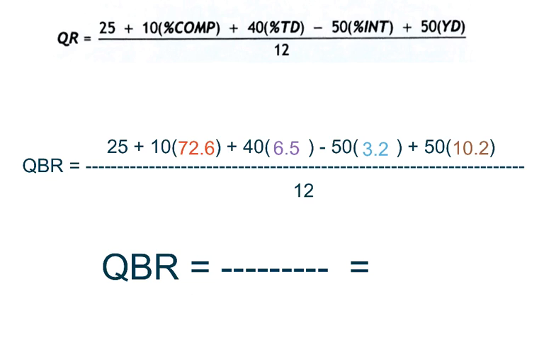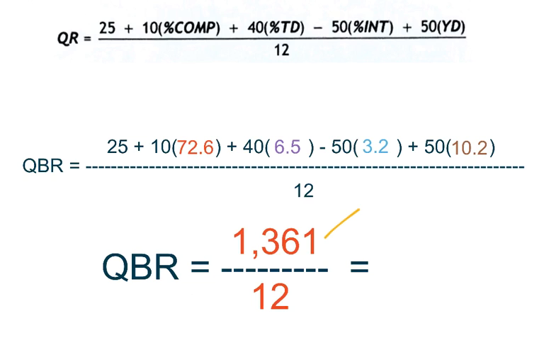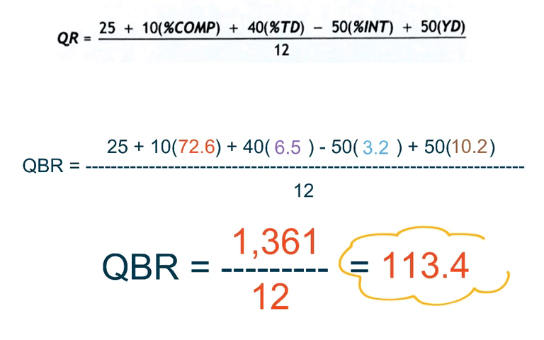Whenever we do that, now all we have is just a formula on top we can plug into the calculator. And when we add the top, we get 1,361. And then again, the 12 comes from the formula. And when you divide those, you get 113.4. So we just verified what the paragraph said. It's 113 was his quarterback rating.